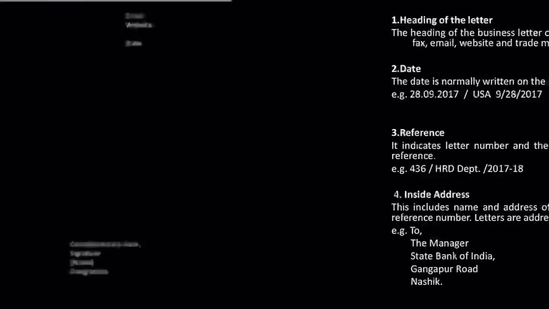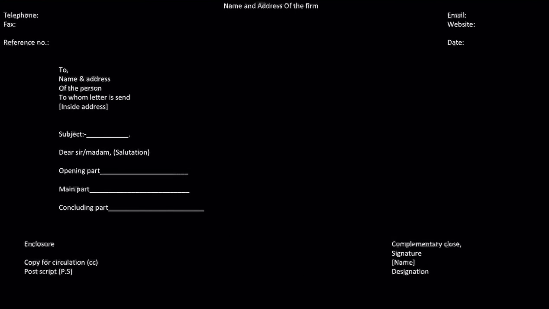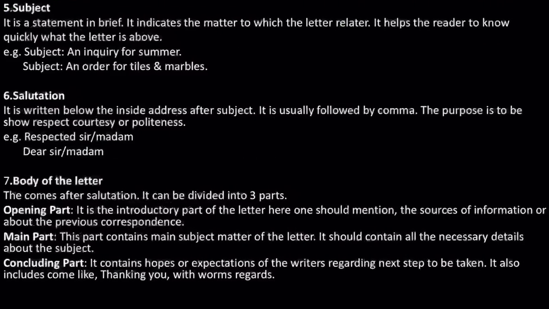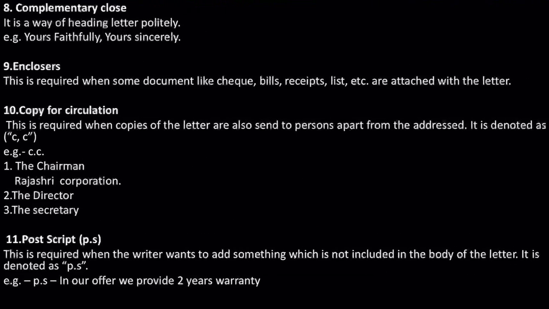Again, this is the particular format for writing any type of business letter. So you have to clearly understand what each particular point is about. Here, from 1 to the last, 11 points, all are part of the layout of a business letter.